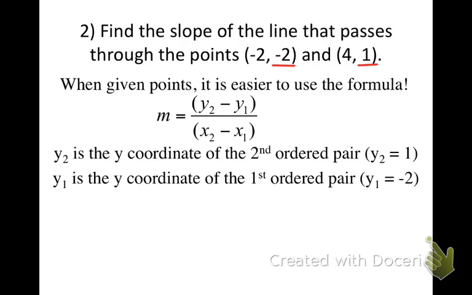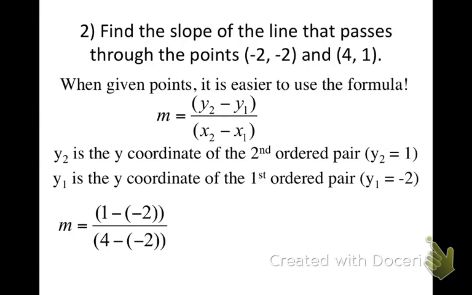So if y2 is the second ordered pair's y-coordinate, you'll notice the second ordered pair is 4, 1. Well, its y-coordinate is 1, so that's why y2 is equal to 1. And in the first point, the y-coordinate is -2. That's why y1 is -2. So I'll go ahead and put those in. And you'll notice I also put in the x-coordinates.